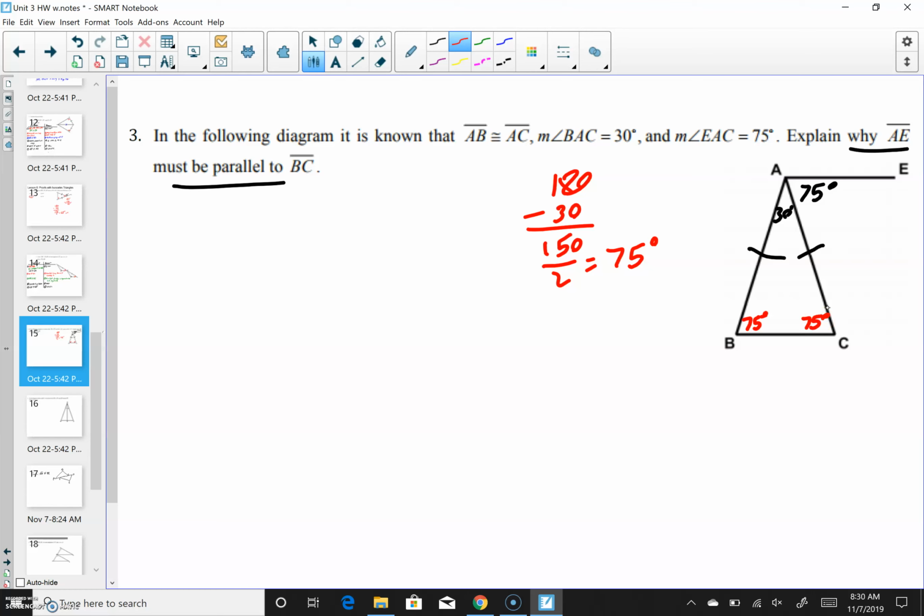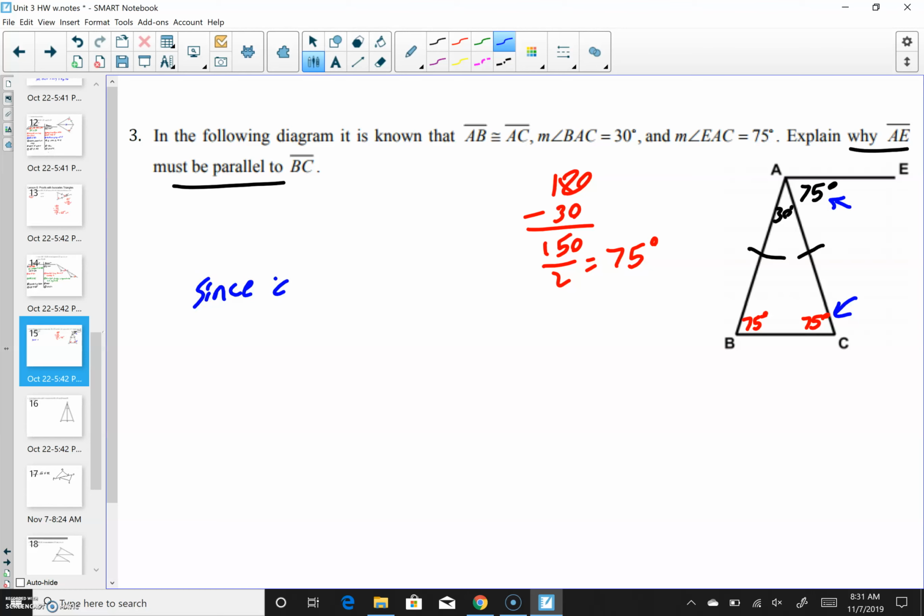If we want to explain why AE must be parallel to BC, we want to focus on that angle and that angle. Those two would be alternate interior angles if they were parallel. Since they are congruent, that tells us we have our parallel lines.